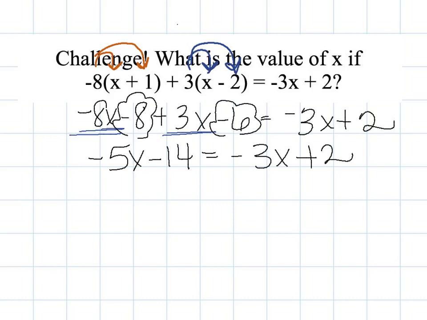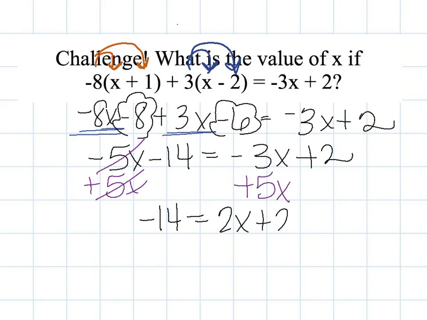Okay, so now you have to decide which variable you want to move. I'm going to add the 5x because it'll keep my variable positive. So when I do that, I end up with negative 14 on the left equals 2x plus 2 on the right. And then your next move is going to be to subtract 2 on both sides.